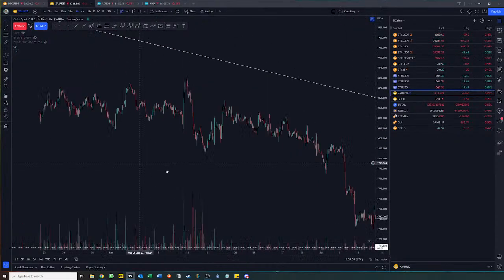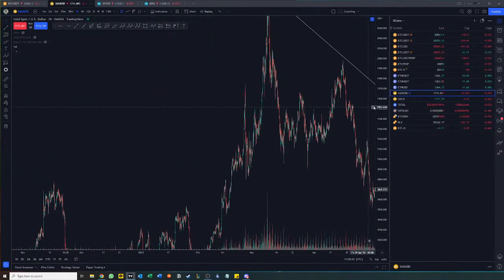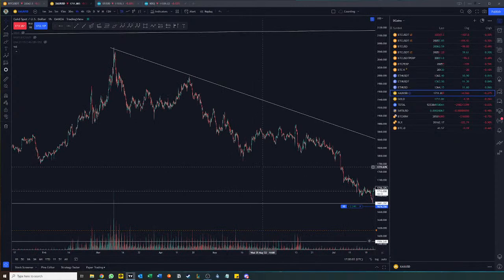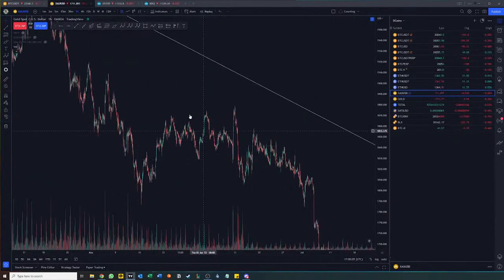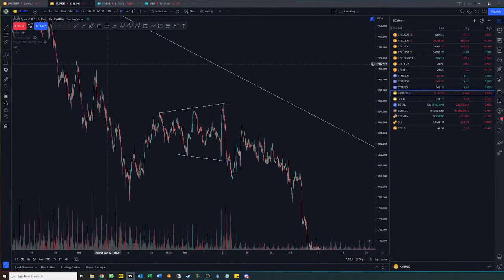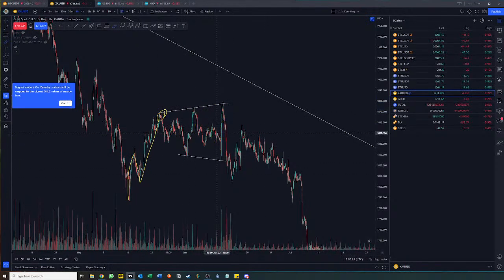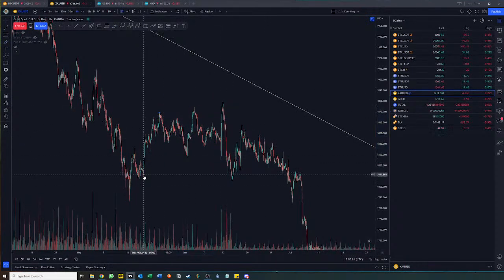Where is it? Here. Yeah, if this happens, this is actually A, B, and a C with an expanding ending. Expanding diagonal. It's always a nice short.